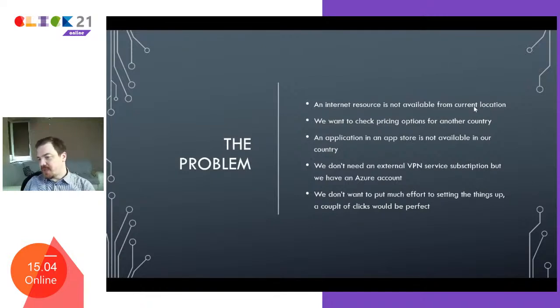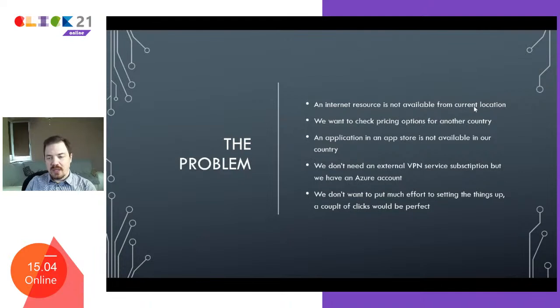Okay, what is the actual problem of this presentation? Just imagine we would like to access a resource which is not available from our current location. Or, for example, we know that from another country you can buy something cheaper because of your location. From some other countries, some goods might be cheaper than from your location.